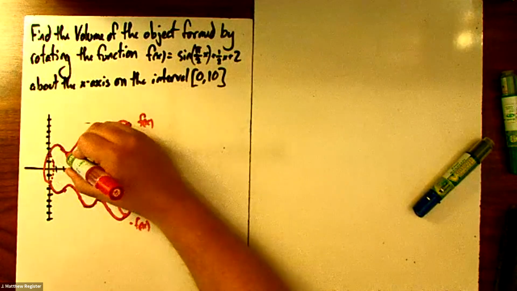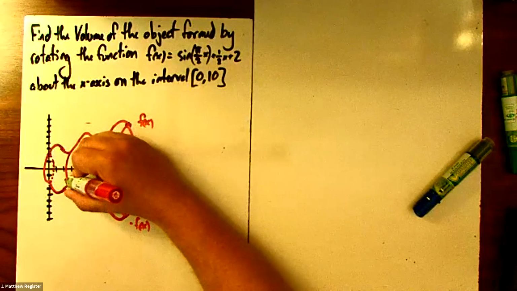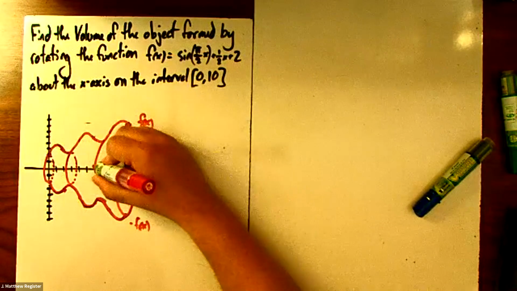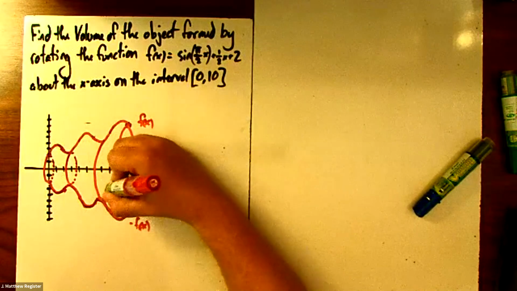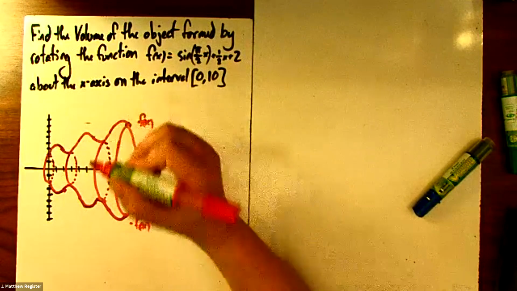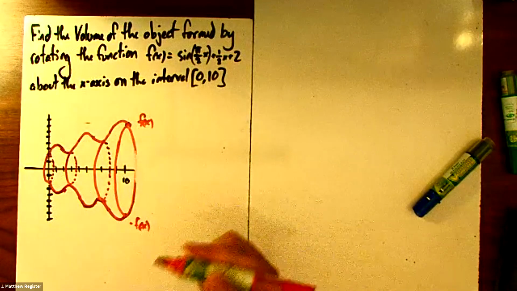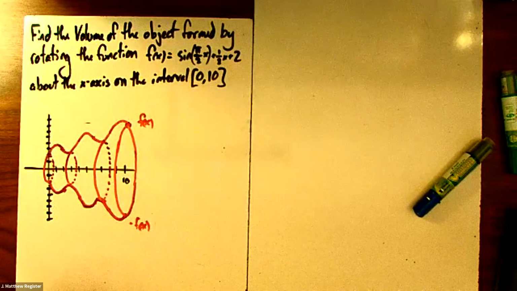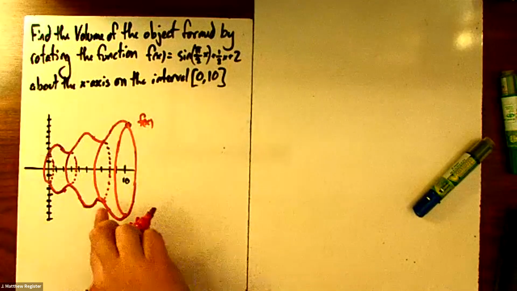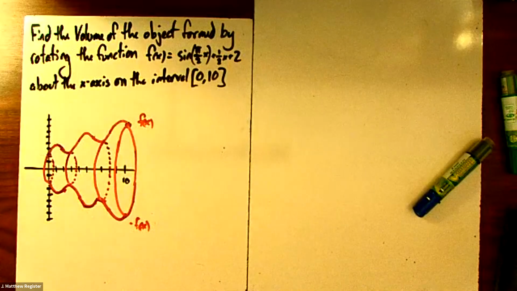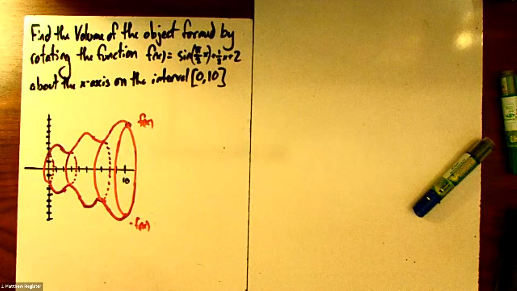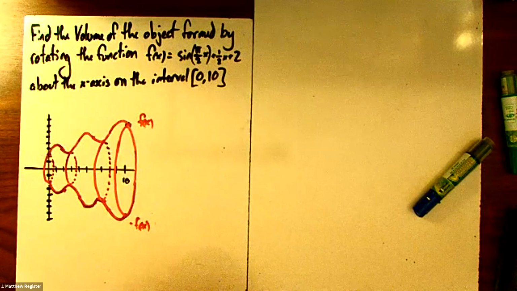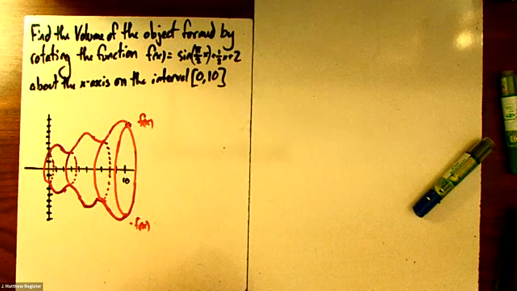At every single point, this is going to be coming down and going back up, and we're going to get this 3-dimensional vase out of this. What we're being asked to do is find the volume of this vase, and that's what this volume of revolution is all about.